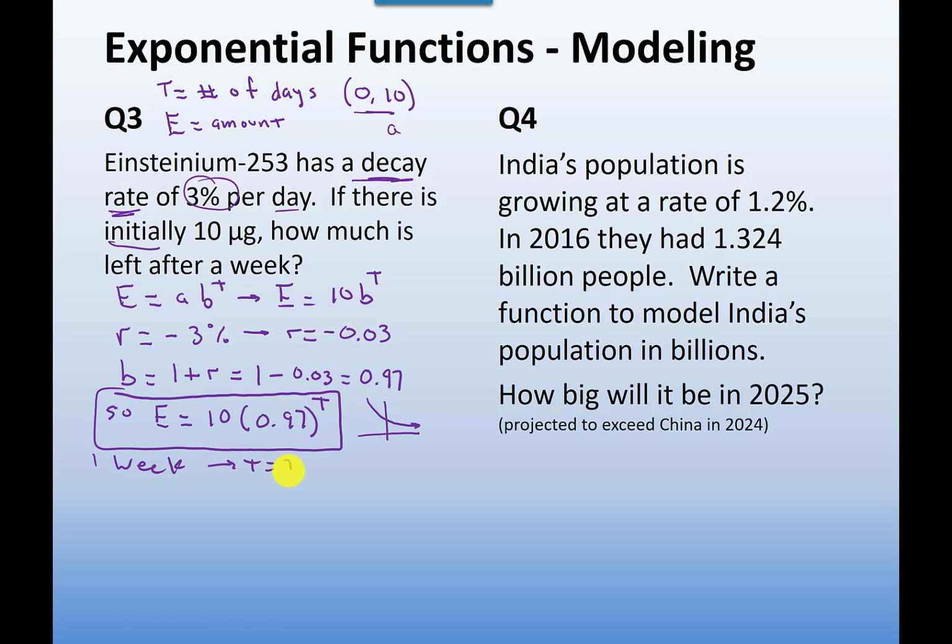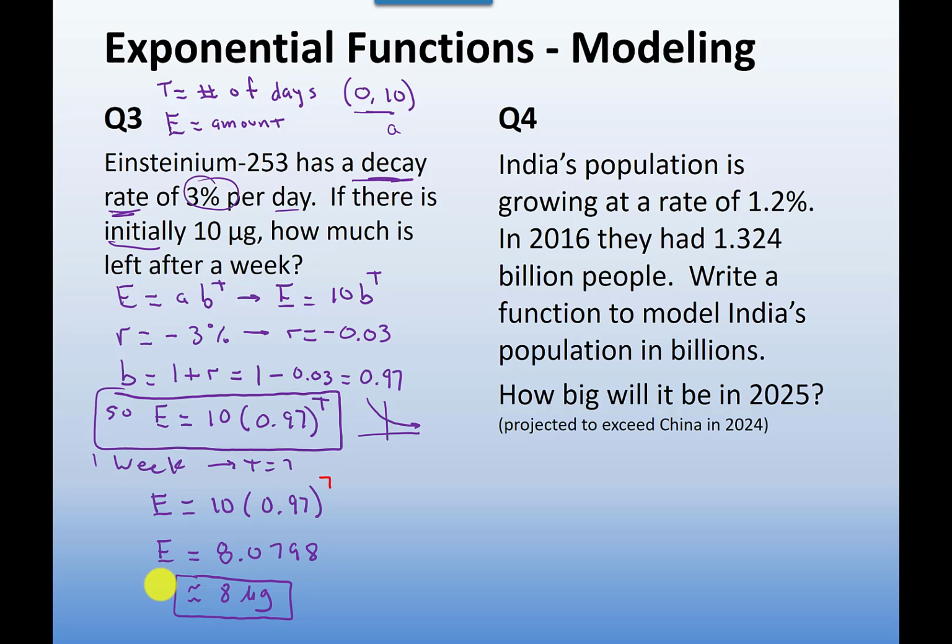So all we have to do is plug that in and do the math. I'm going to speed that part up and just show you the outcome. Once we plug it in, it's just a matter of doing some calculator work, and we're going to get about 8 micrograms. So after a week, the Einsteinium has decayed down to 8 micrograms.